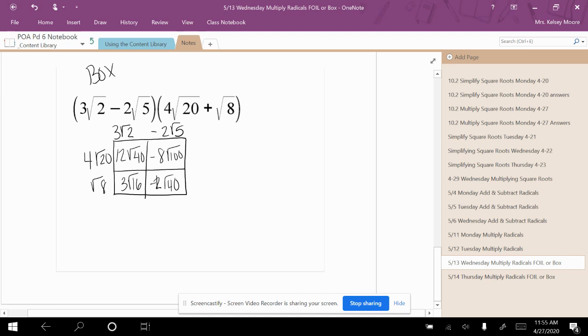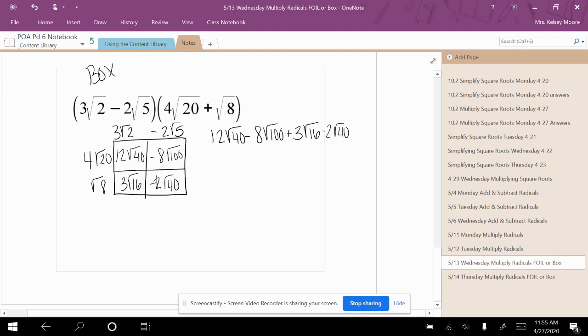Okay, so I end up getting 12 square root 40. You hear my dogs barking. Minus 8 square root 100 plus 3 square root 16 minus 2 square root 40.